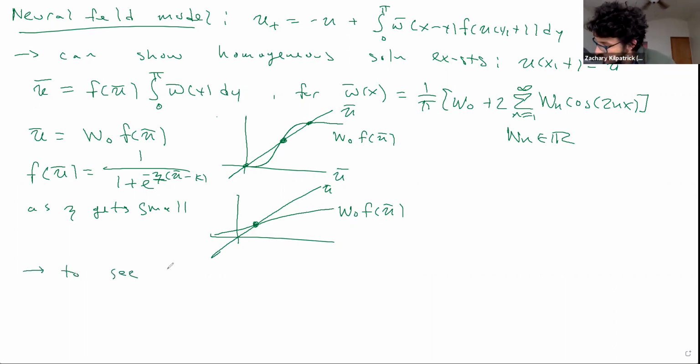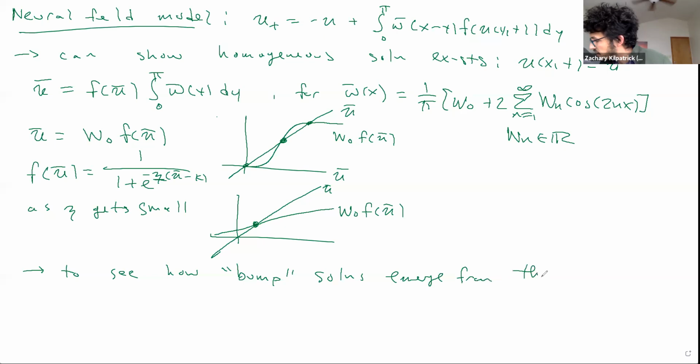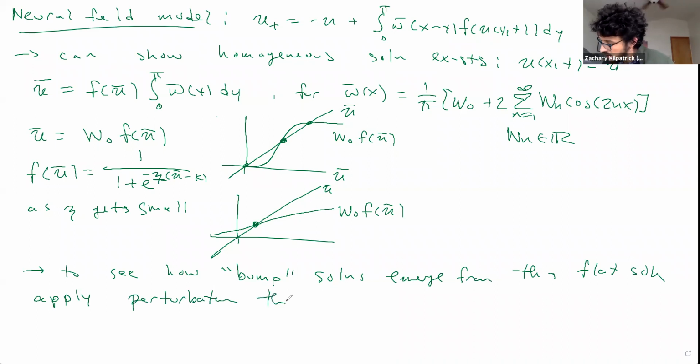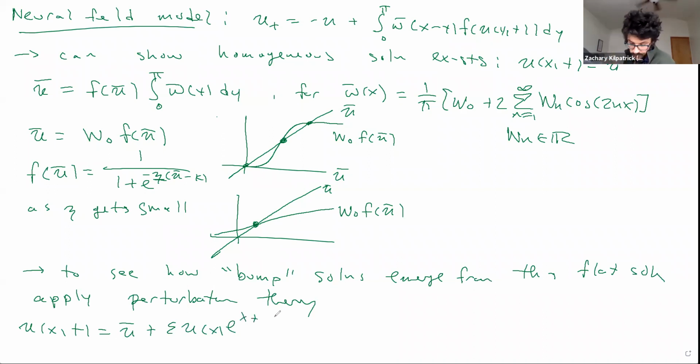So to see how bump solutions emerge from this flat solution, apply perturbation theory. And so we took that, we assume u of x, t is equal to u bar plus epsilon u of x e to the lambda t.